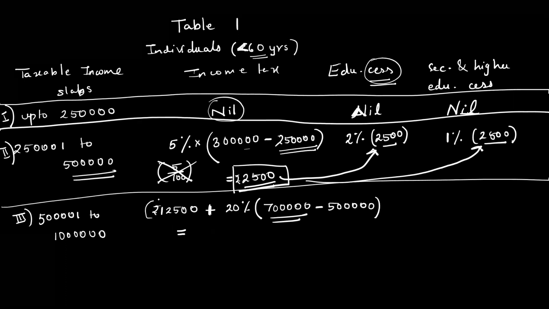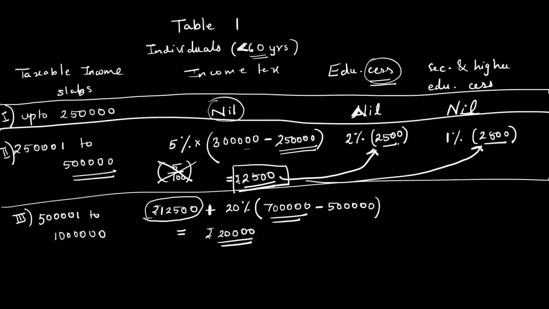That means it has to be more than 12,500. 12,500 तो आने ही वाला है. Plus 20% of whatever your taxable income is, minus 5 lakh. Okay. As an example, let us say that ये सब solve करके आपको rupees 20,000 आता है. You have to pay 20,000 as income tax. This is an example again.